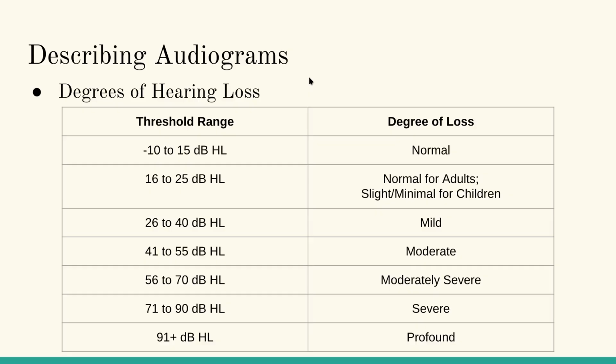My preferred method, which is not universally accepted, is to take a 4-frequency pure tone average at 500, 1000, 2000, and 4000 hertz, and take the average of those 4 frequencies and use that to describe the hearing loss. That is a method that's been somewhat adopted by the World Health Organization.